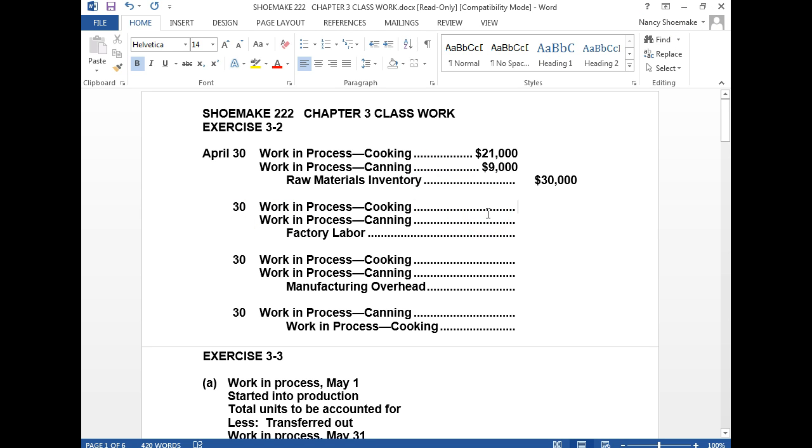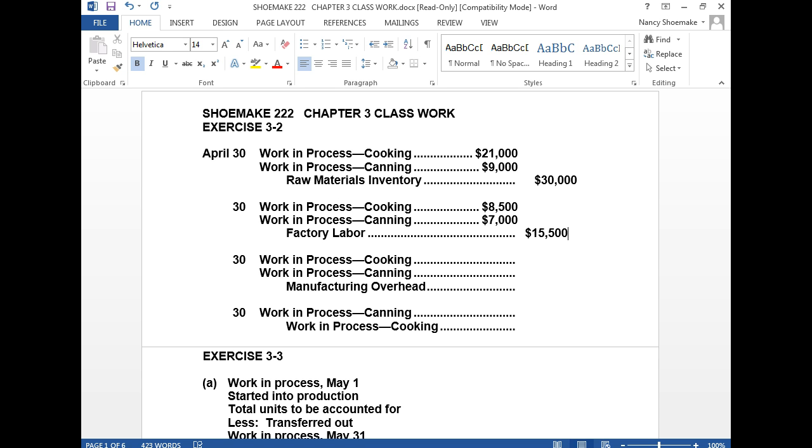What does it tell us about our factory labor that got put into the cooking versus the canning? 8,500 for one. And what about the canning? So what's that a total of? 15,500.